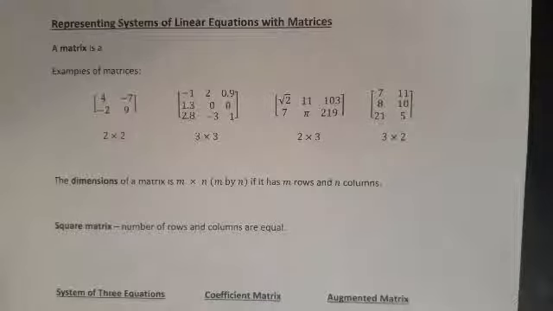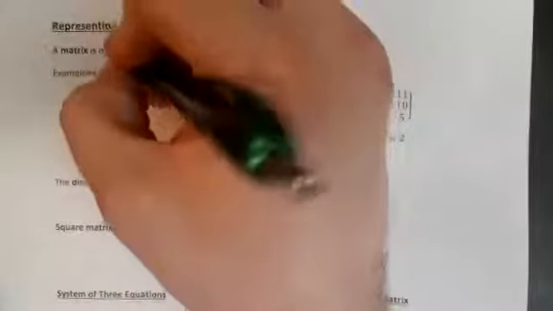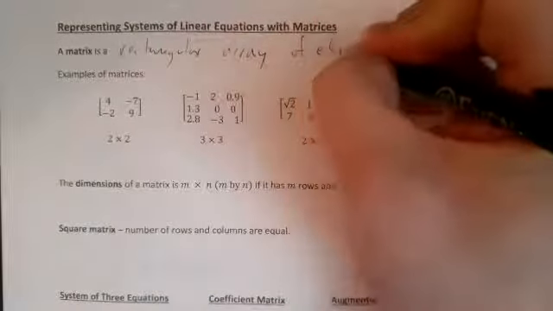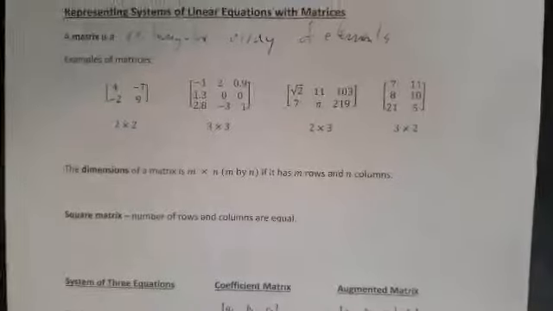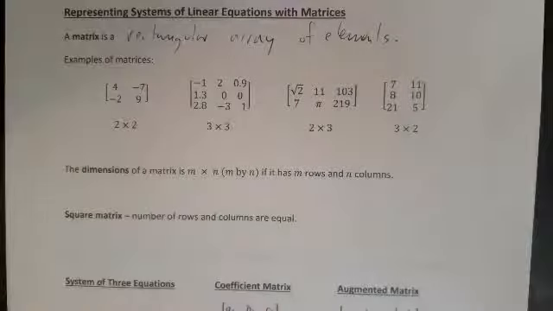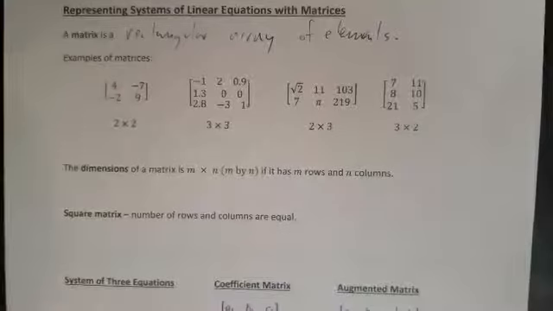And so what the book says is a matrix is a rectangular array of elements. Okay, so what does that mean? Numbers go this way as well as that way, right? They're going up and down and left and right. We have rows and columns.